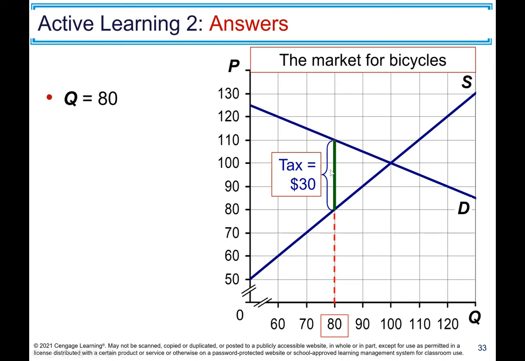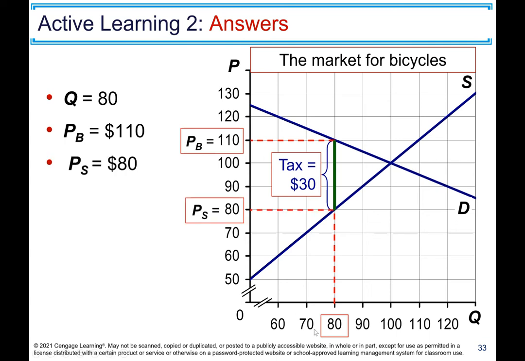So quantity would be 80. In other words, the market will shrink from 100, which was the equilibrium without the tax, down to 80. The price buyers pay is 110.